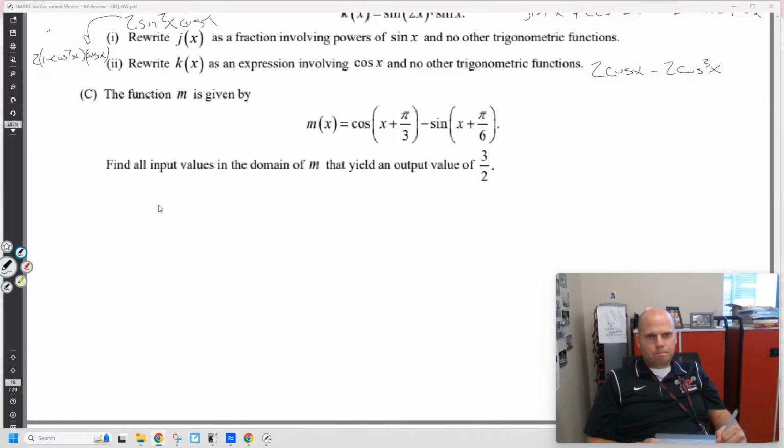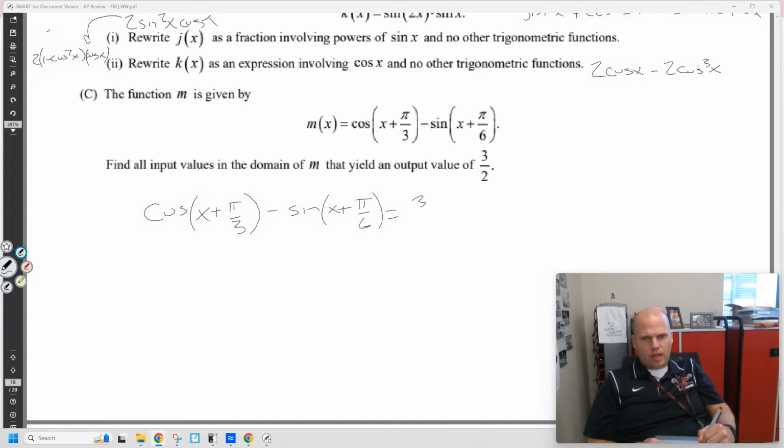Okay. When does cos x plus root 3 times sine x plus pi over 6 equal 3 halves? Sine, cosine, cosine, sine. Cosine x, cosine pi over 3. Same sign, no, opposite sign. Same sign with sine. Opposite sign with cosine. Sine x, sine pi over 3.